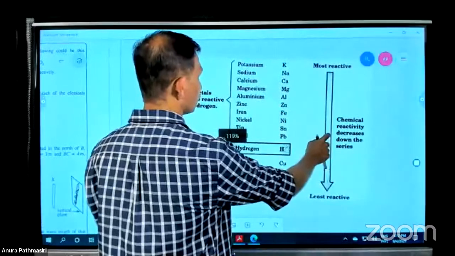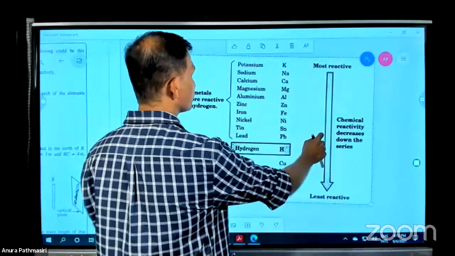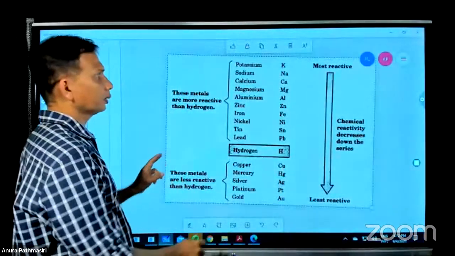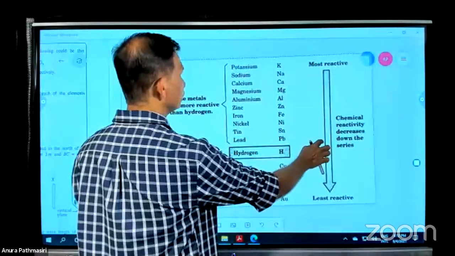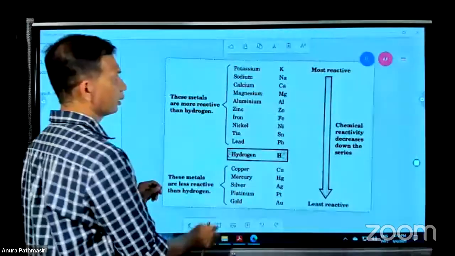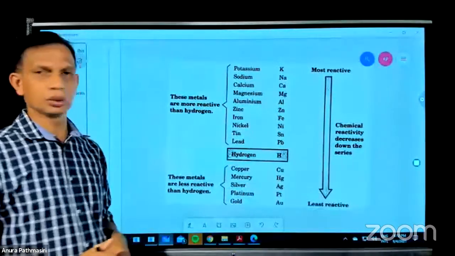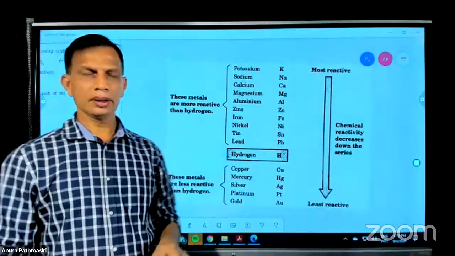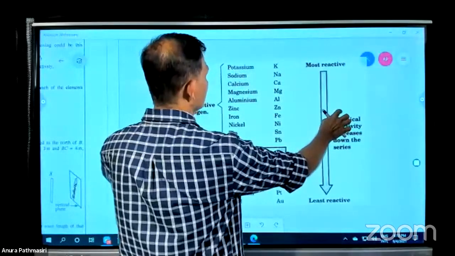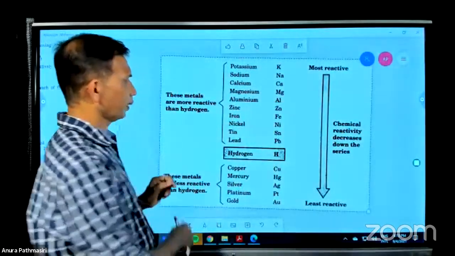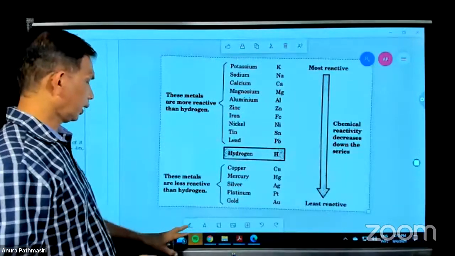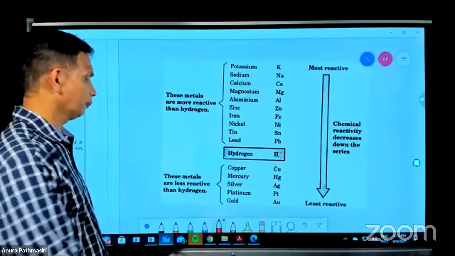Activity series, right? With the support of this, I can help you understand the method of extracting metals. The metals are not there alone. When the particular elements are very active, they exist as chemical compounds.